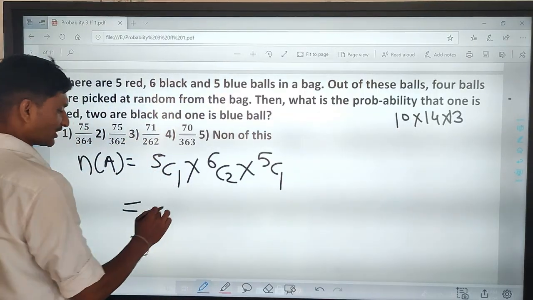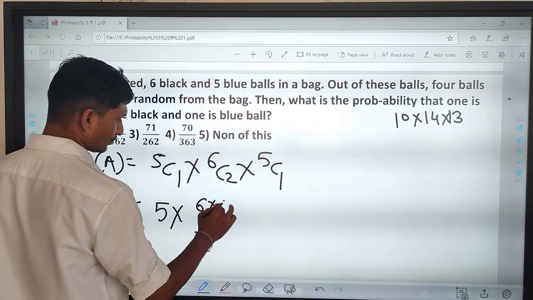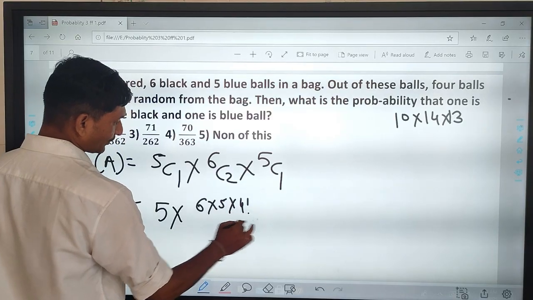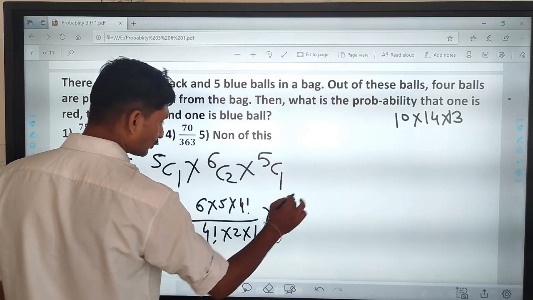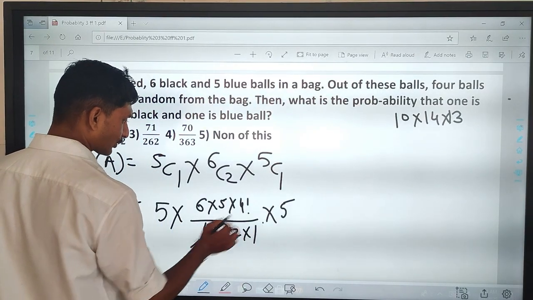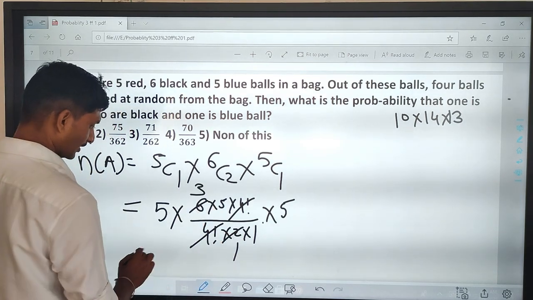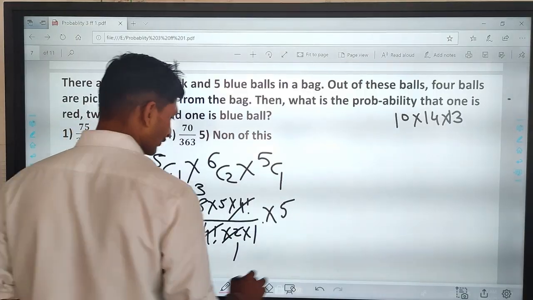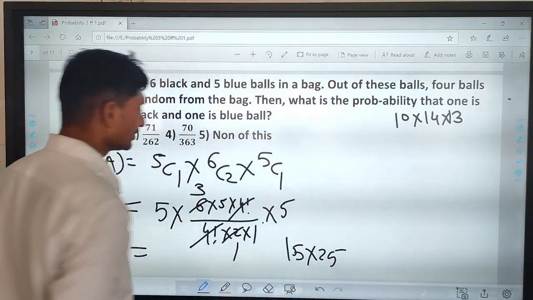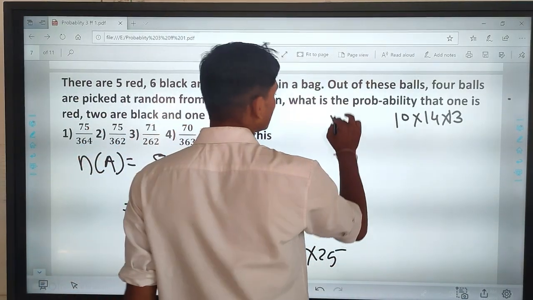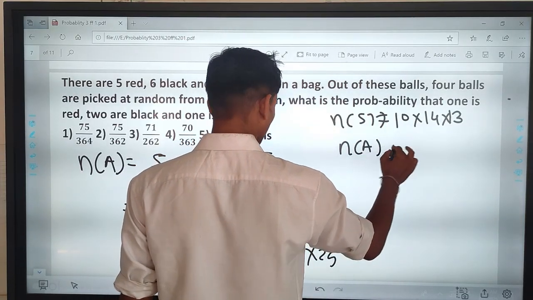Now 5C1 is 5. 6C2 is 6 into 5 into 4 factorial divided by 4 factorial into 2 into 1, which is 15. 4 factorial gets cancelled. Then here 15 into 25. Here n of A is equal to 15 into 25.